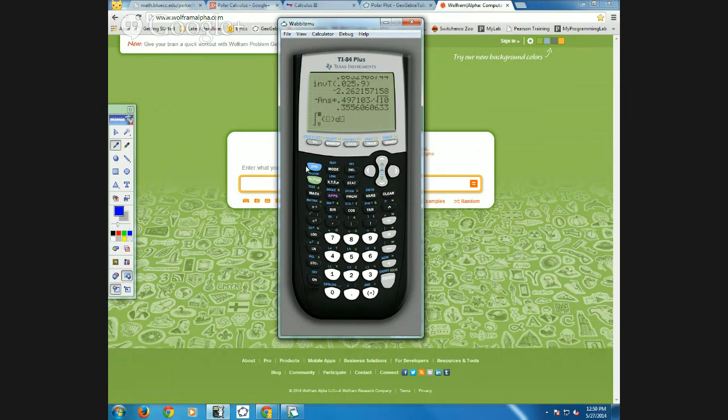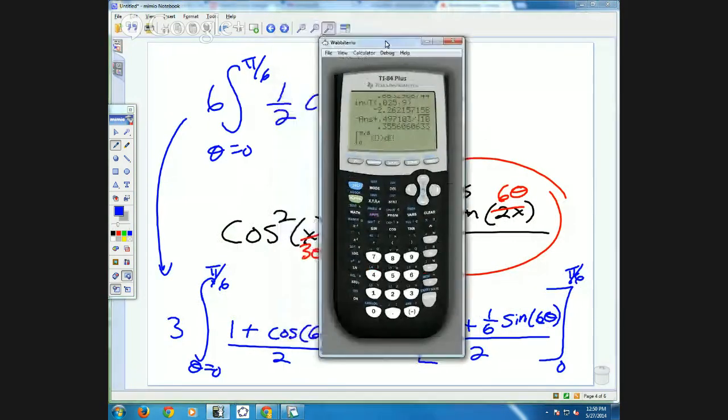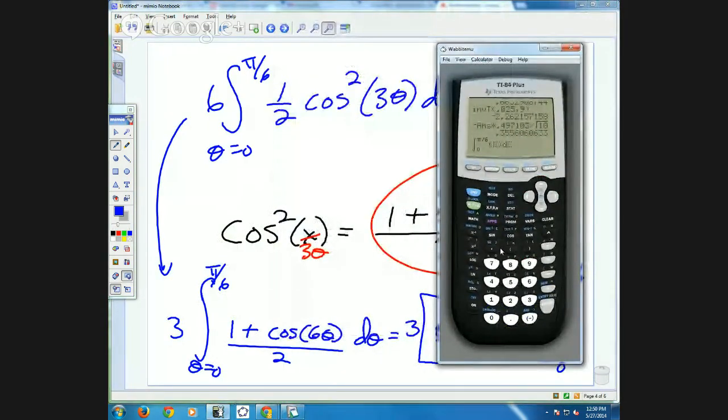Oops, that's E. Pi, there we go. And my integrand is, let's see, 1/2 of 6. I'm just going to call it 3 times the cosine of 3 theta d theta. Oops, I forgot to square my cosine.